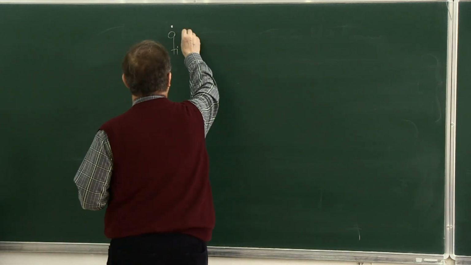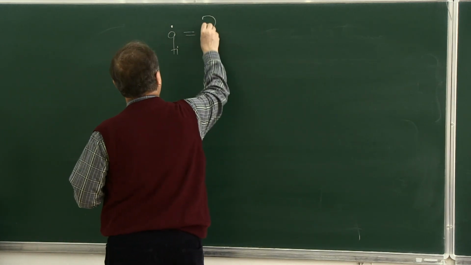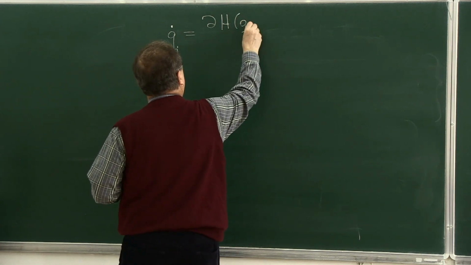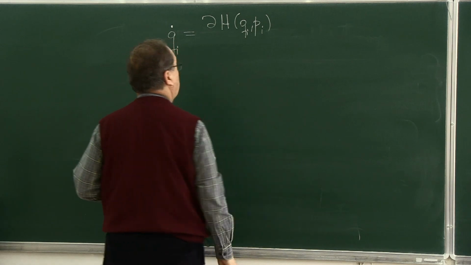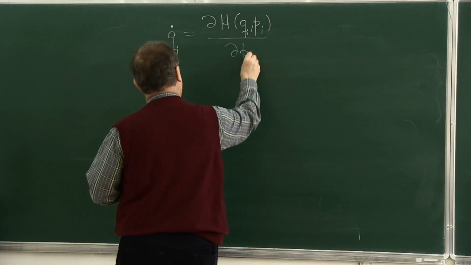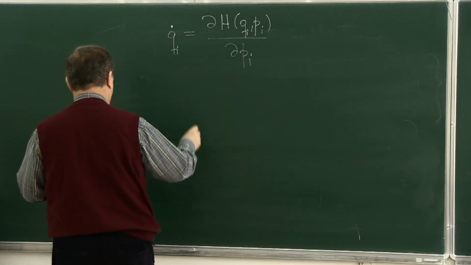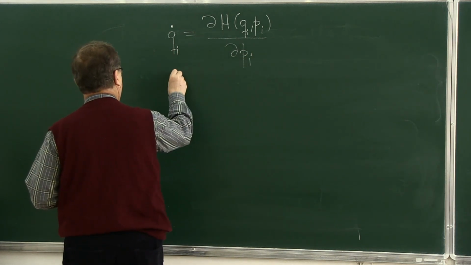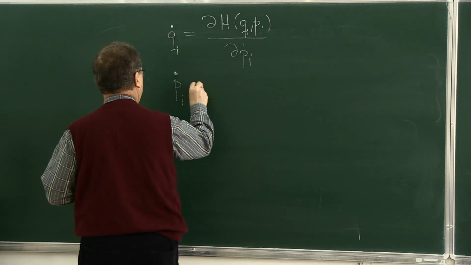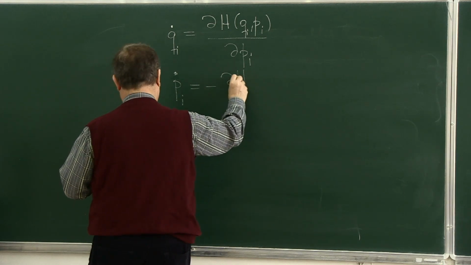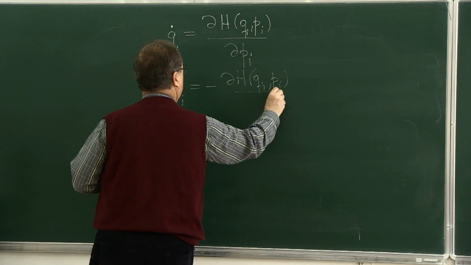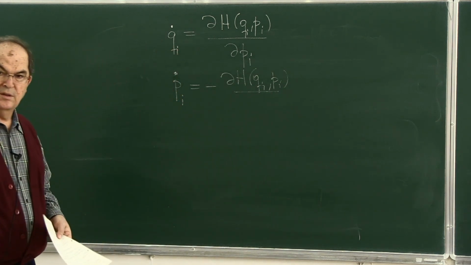dq/dt should be related to the Hamiltonian of the system. And the momenta, pi dot, will be minus del H over del qi, where H is a function of positions and momenta.